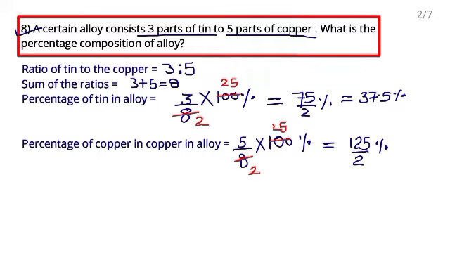Now divide 125 by 2. 2 6s are 12, subtract 0, copy down 5. 2 2s are 4, subtract 1, put decimal, take 10, 2 5s are 10. So here you are getting 62.5. So the percent of copper in alloy is 62.5%. This is your answer.